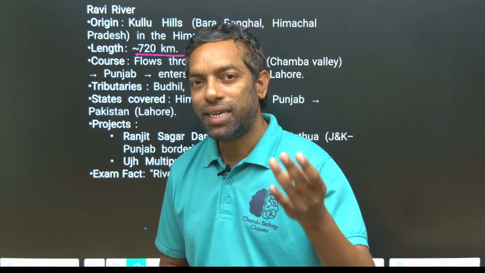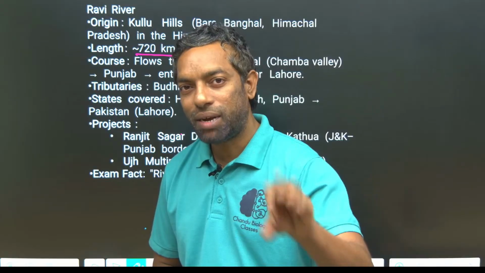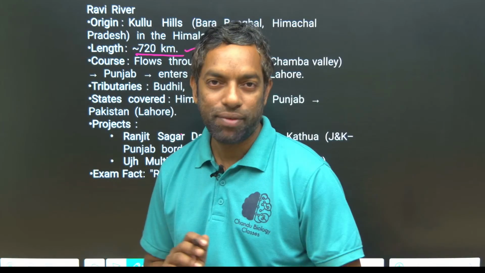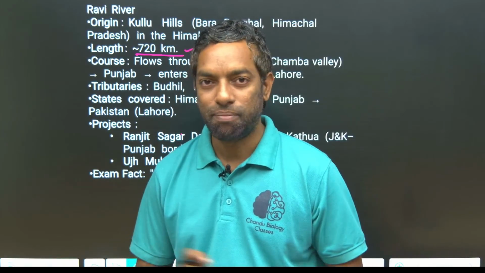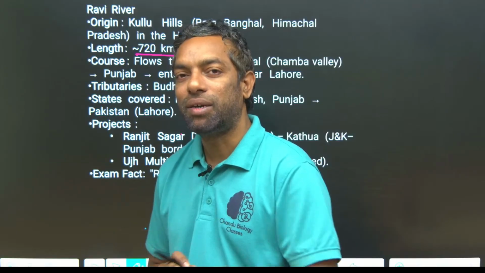Ravi, Beas, Chenab, Jhelum, Satluj, these 5 Punjab rivers are tributaries of the Indus. They can ask you the order from north to south or south to north. They can ask you state-wise how many originate in Himachal Pradesh or Jammu Kashmir.